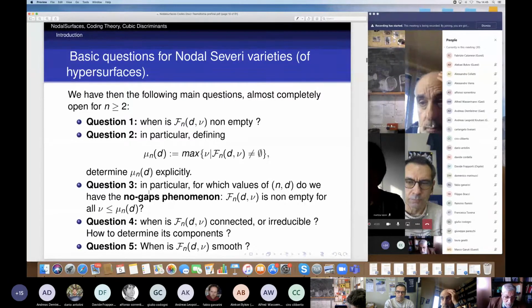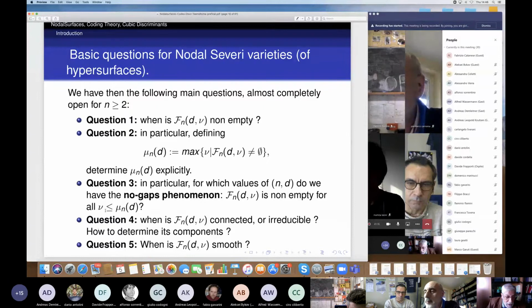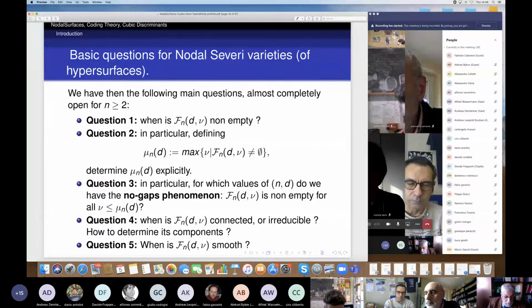Another question is, assume you find what is the maximum. Are there gaps? So for which values of n and d do we have the no-gaps phenomenon, that this variety is non-empty for all the numbers Ni not greater than the maximum? And more refined questions: when is this variety connected or irreducible?